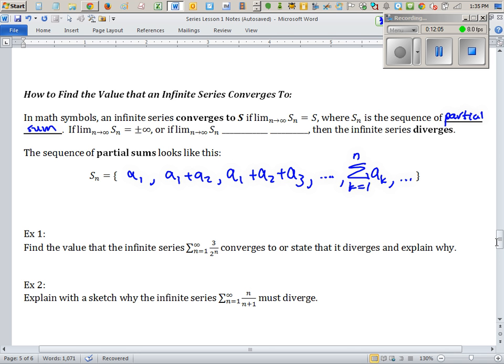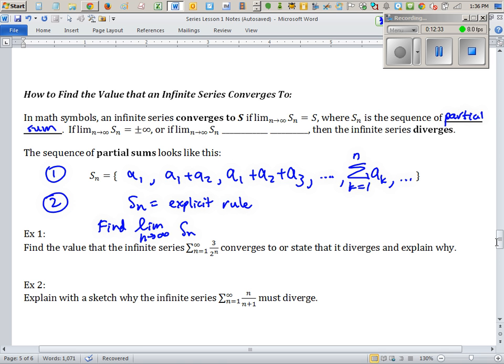Okay, after you get the S sub n list figured out, then you try to create an explicit rule for S sub n. That is very challenging. And it's the hardest part. After you get the explicit rule, then you take the limit of that. So it's kind of a three-stage process. First, you construct a partial sum series.